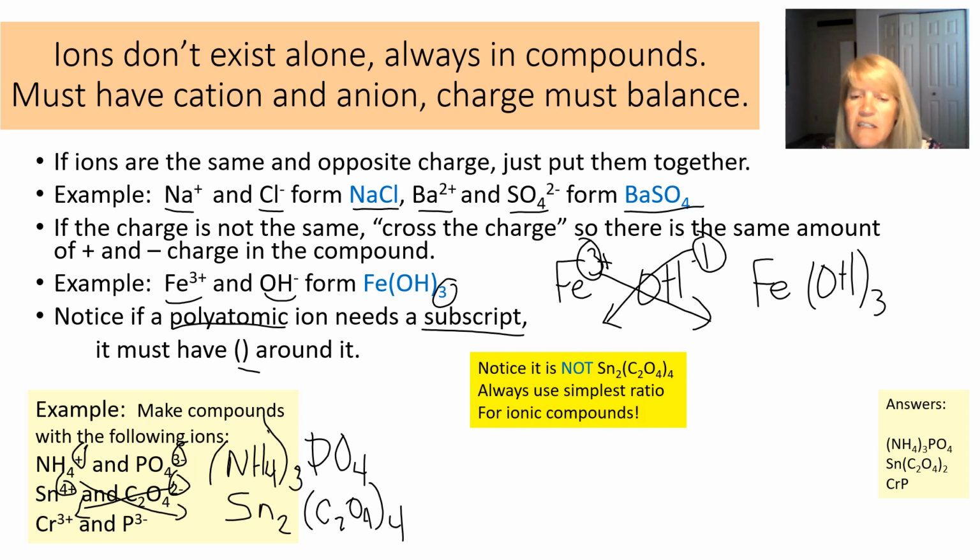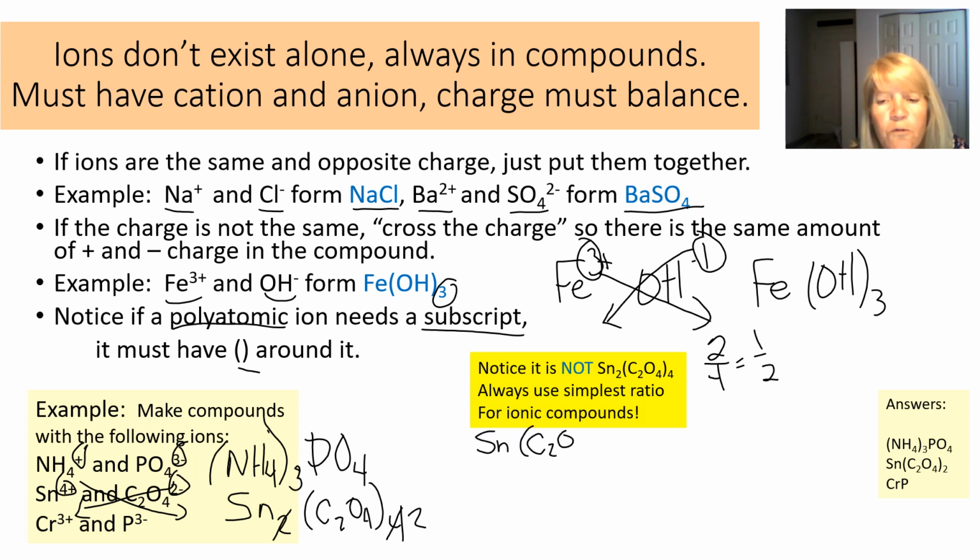But this one's a little tricky, because this 2/4 is not the simplest ratio. You wouldn't write a fraction of 2/4, would you? You'd say, no, that's 1/2. Simpler. So we can simplify this as well, okay? And we'll write it Sn(C2O4)2, simplifying that.